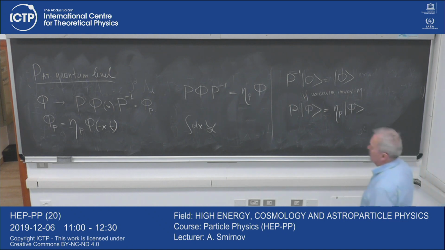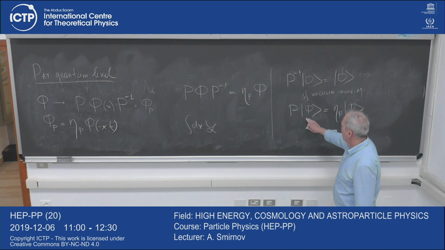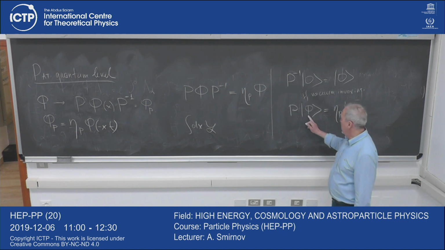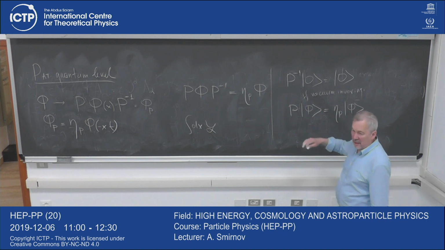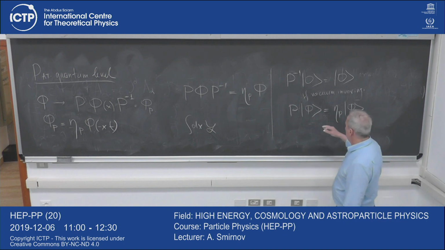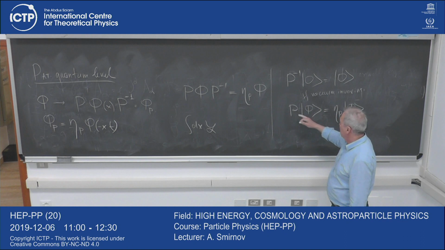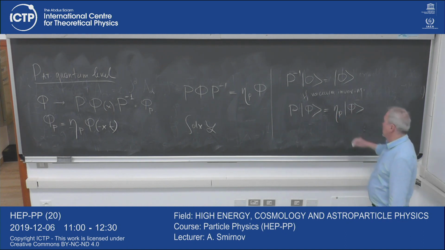I don't want to repeat the things that we did before, so we know how the field, which is an operator, is transformed. Now the state is produced by acting with the operator on the vacuum state, and remember we did this in the last lecture, showing that the action of an operator on the field has such a form.